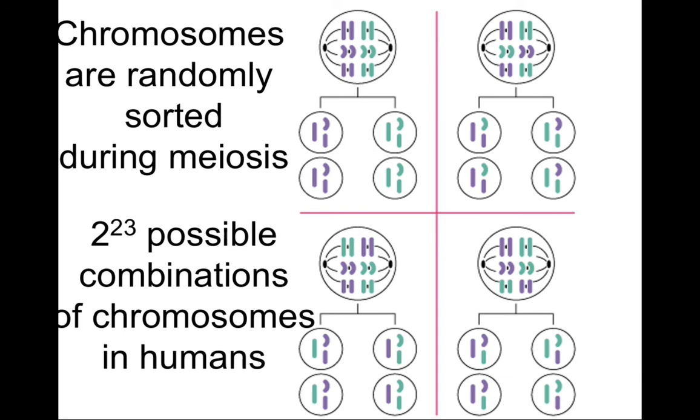Independent assortment extremely decreases the likelihood that 2 haploid cells will share the same chromosomes. We can put the number 2 to the 23rd power, and that gives us how many possible combinations of chromosomes can come from one diploid reproductive cell. The fact that all of our chromosomes are mixed and matched between mom's set and dad's set is just one of the factors that leads to genetic variation among humans.